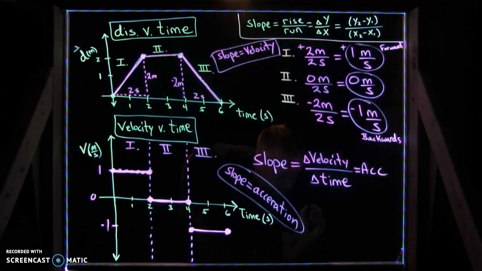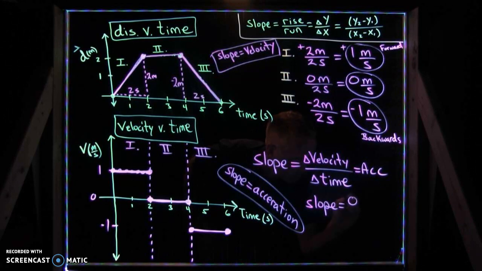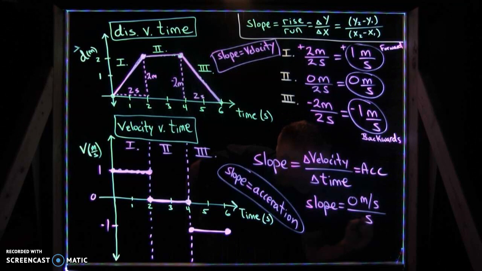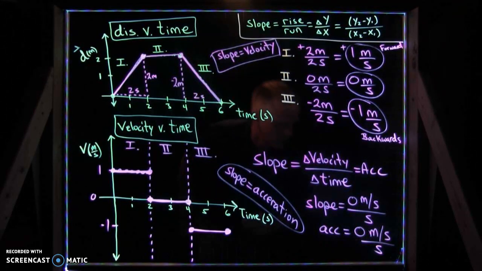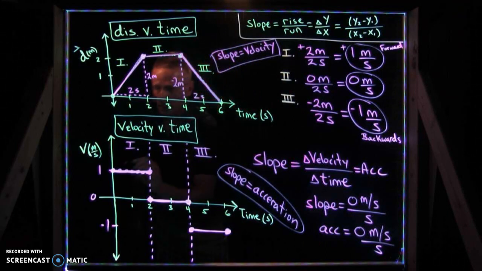And in this case, the slope is always 0 meters per second per second. In other words, your acceleration is always 0 meters per second squared, because you are never rising or running on any horizontal line segment.